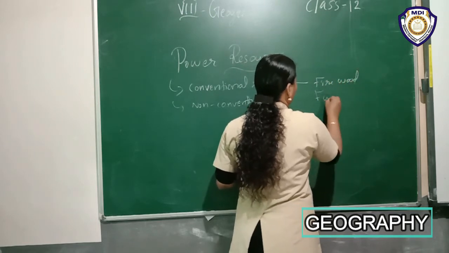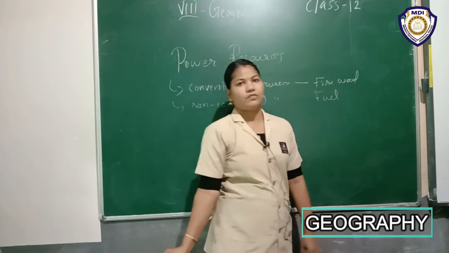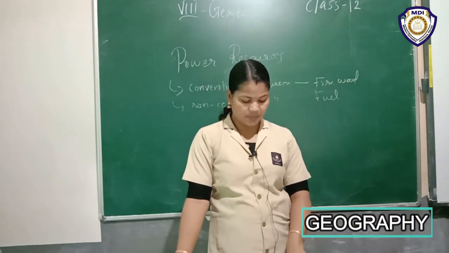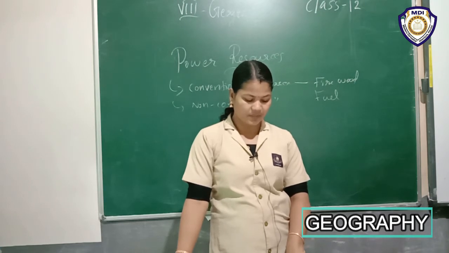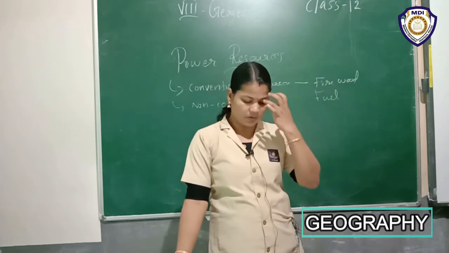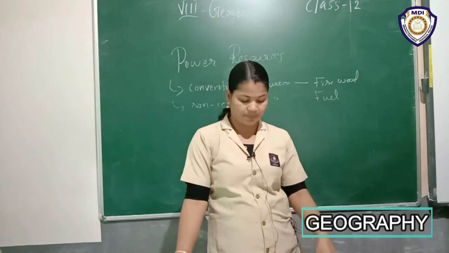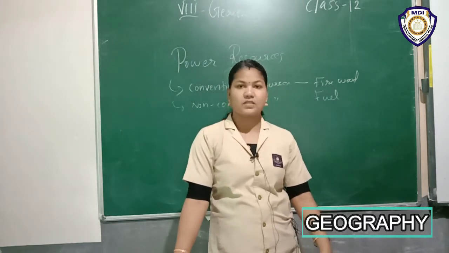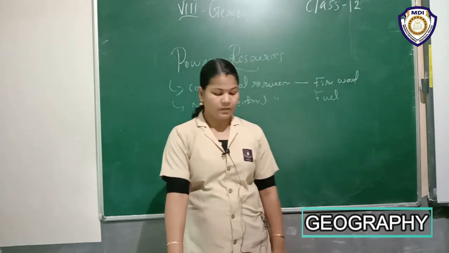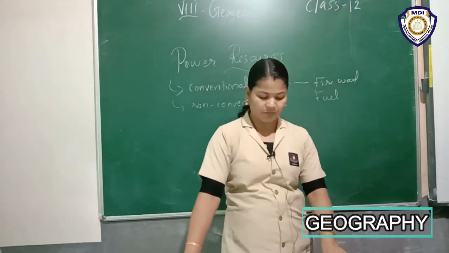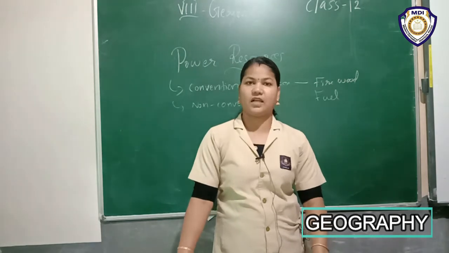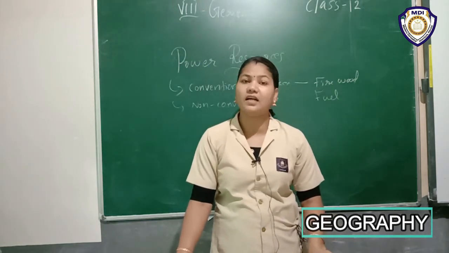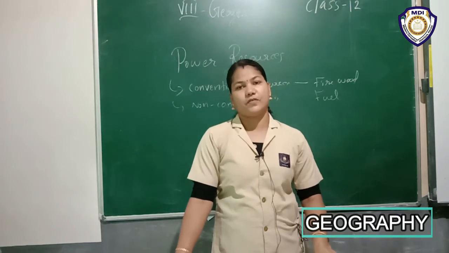Fossil fuels are called petroleum, natural gas, etc. I repeat, conventional sources of energy are those which have been in common use for a long time. Firewood and fossil fuels are the two main conventional energy sources.